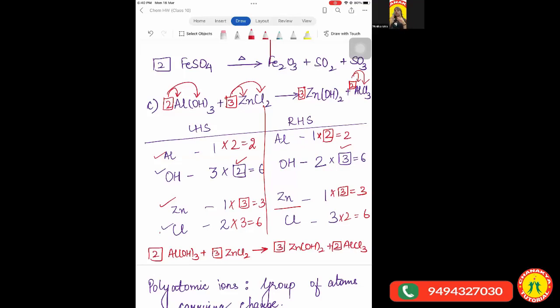So on both the sides, when a polyatomic ion is there, we can consider it as one unit. Fine. Clear, everyone? Yes, ma'am. Is there anyone who had difficulty with this particular part? Or is there anyone whose this part was correct already? Mine, ma'am. Ma'am, even I did it. And Abhinav, very nice. Good, children.